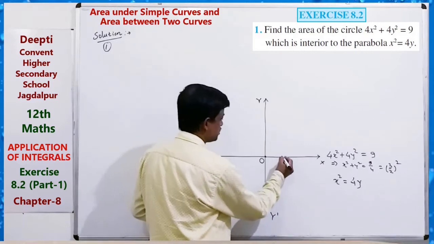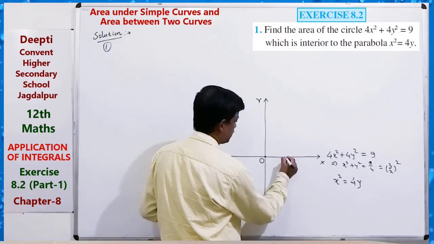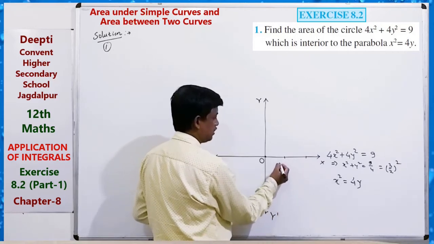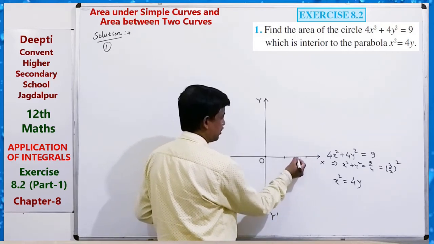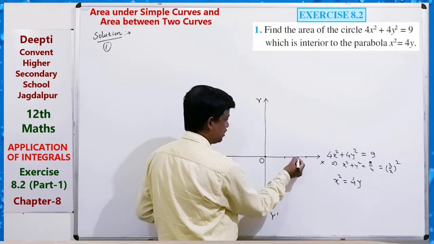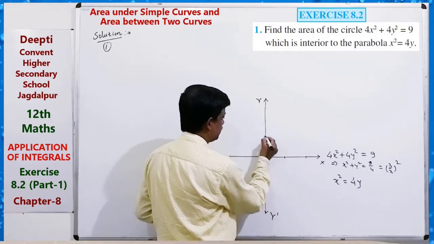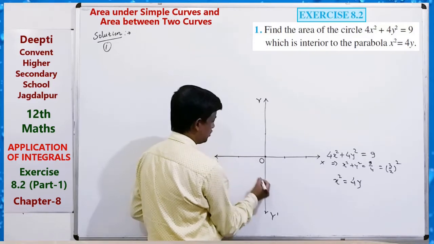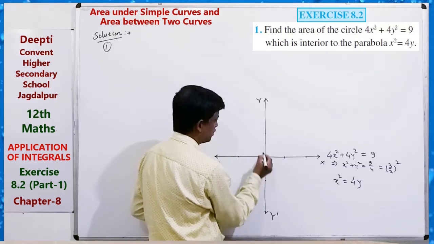So suppose this is 1, this is 2, then the radius of the circle is 3 by 2. So here you can draw this circle.